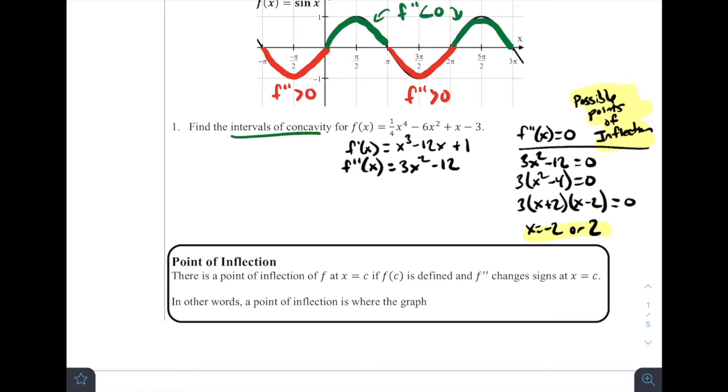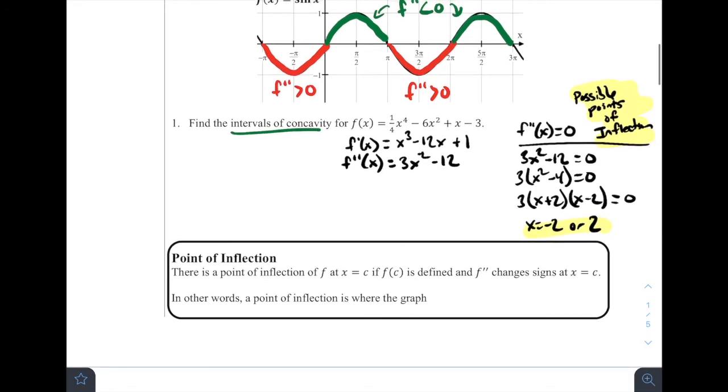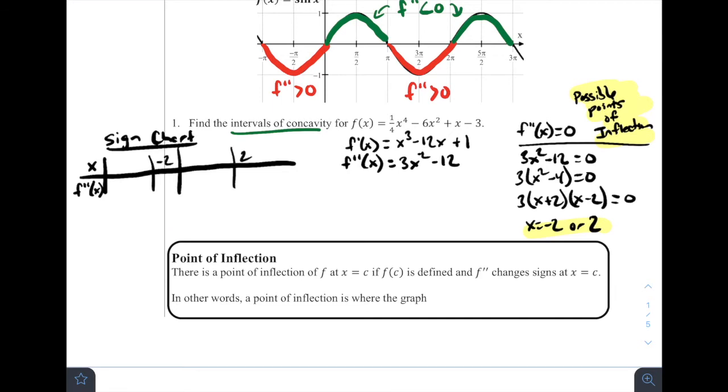Now, similar to what we've done in previous lessons, I'm going to make a sign chart, but for this one, I'm going to use the second derivative. So my sign chart here is going to have x and f double prime of x, and our two x values that we care about are negative 2 and 2. And as usual, I want to write for the x values the domain around these x values.